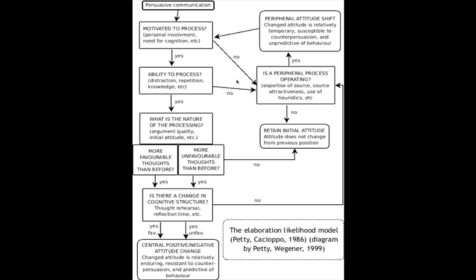This is a very important characteristic because, in one way, we can say that peripheral processing will not be as critical as the central route because we're not thinking as much. However, if you look here, peripheral attitude shifts lead to changed attitudes that are relatively temporary, subject to counter persuasion, and unpredictable in behavior.